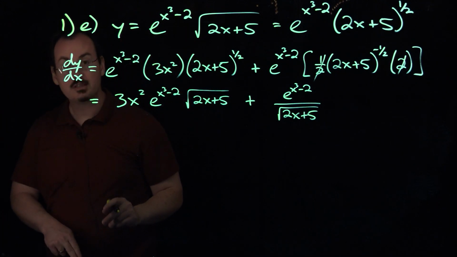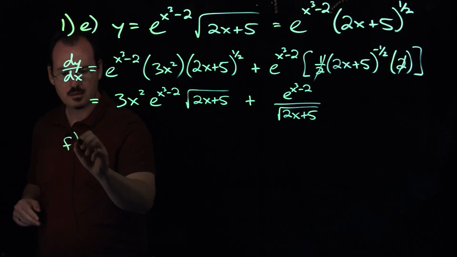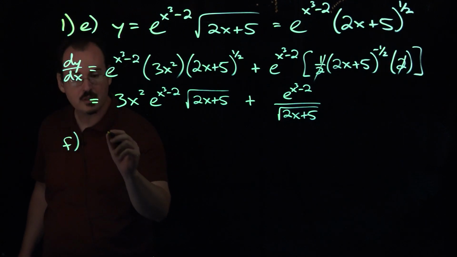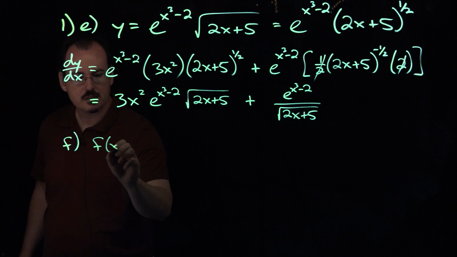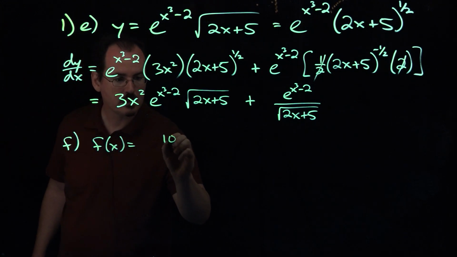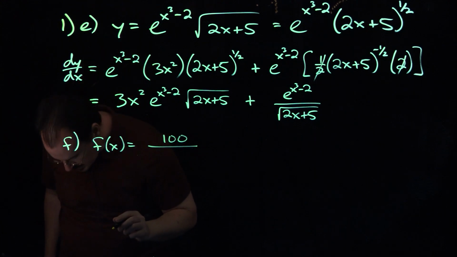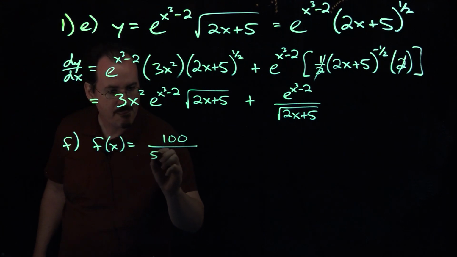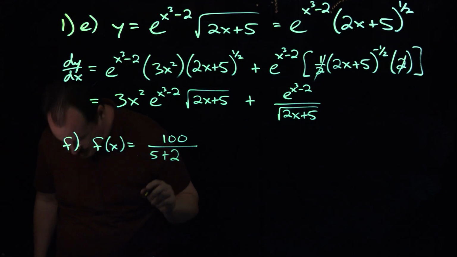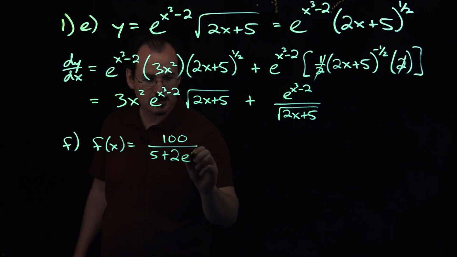Okay, then for part F, let's see what we got on F is f of x is 100 over 5 plus 2e to the power of negative 0.1x.